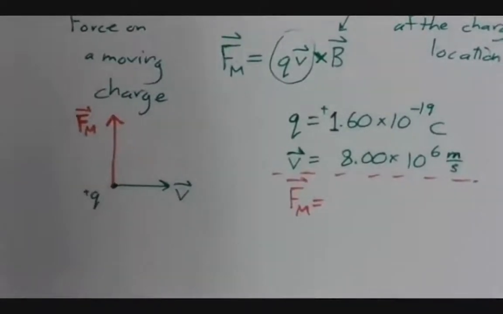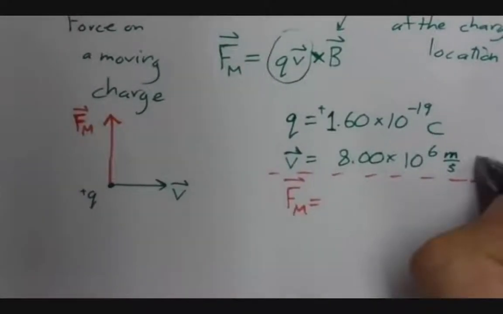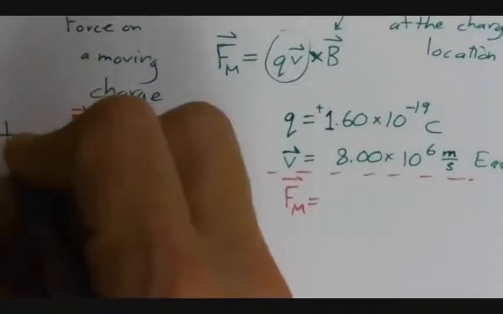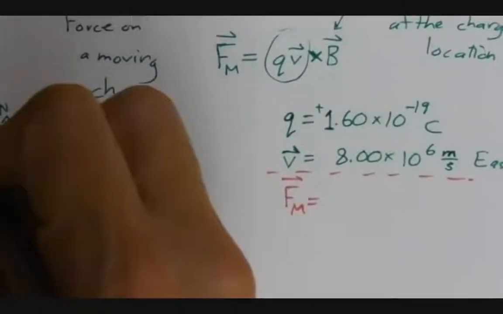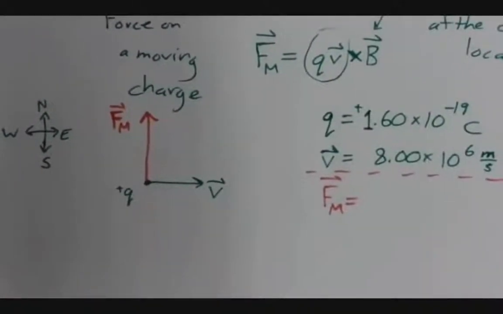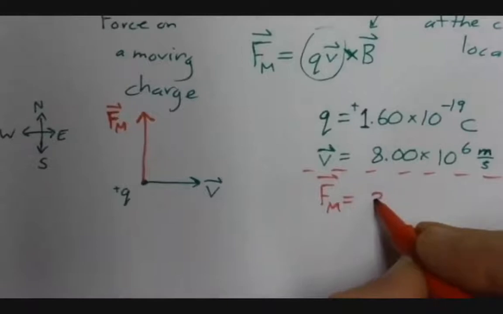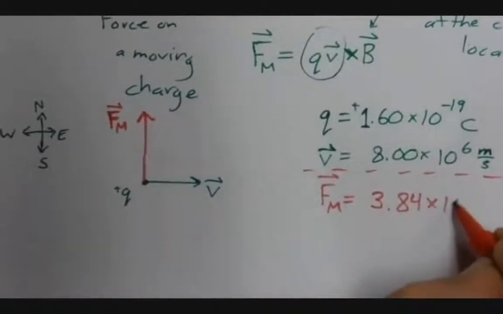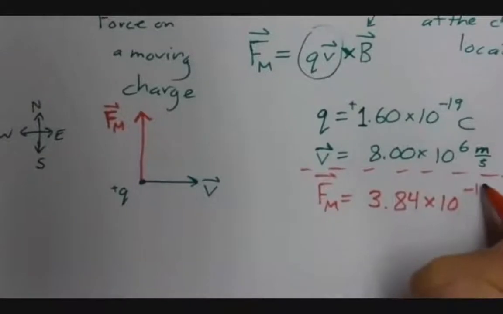Let me write the words in here: east, north, west, south. Okay, and then let's say the force you get is 3.84 times 10 to the minus 12 newtons north.